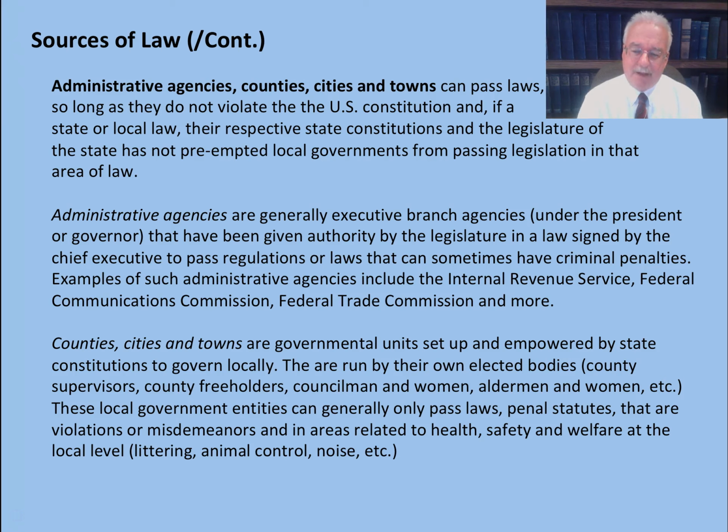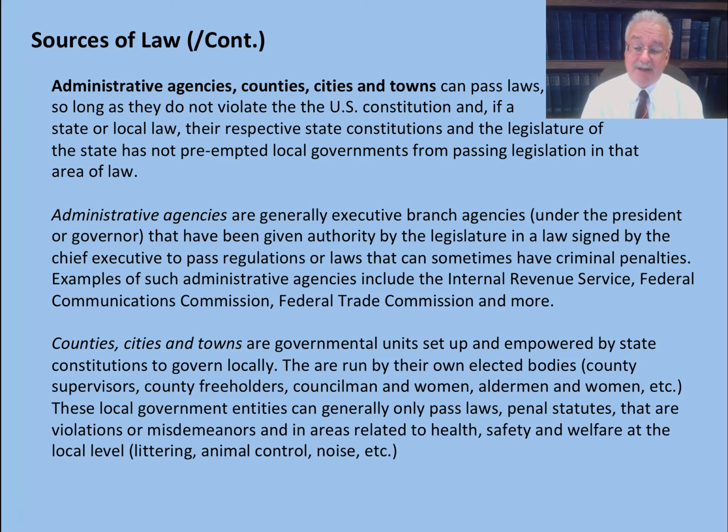So again, if the legislature passed a law that was signed by the chief executive that grants an administrative agency in that level of government the authority to pass regulations that have criminal penalties, then an administrative agency can be the source of a criminal law.